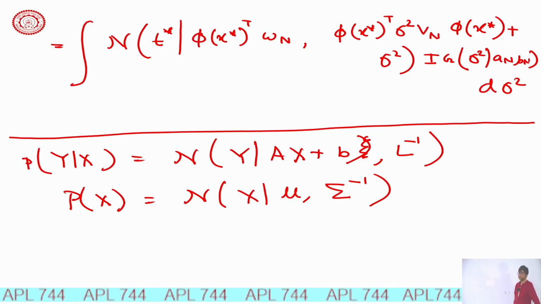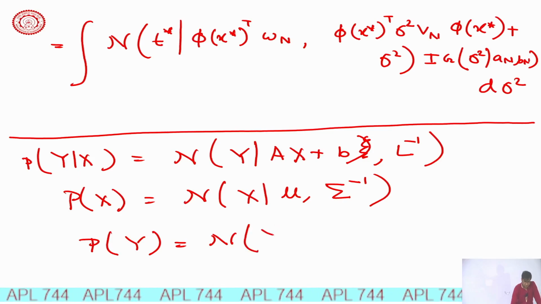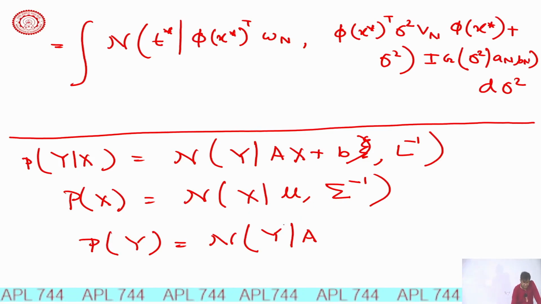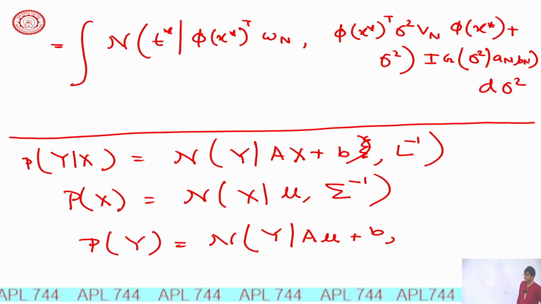Okay. If that is the case, then we showed last time that probability of y will be equal to Gaussian over y, a, x will become mu of x, or expectation of x, which will be mu, plus b, comma, now the covariance part.